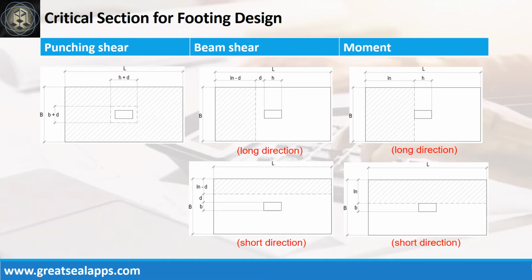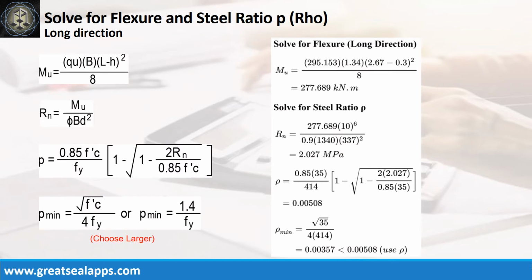Critical section diagrams for punching shear, beam shears, and moment evaluations. At long direction, given ultimate soil pressure equals 295.153 kPa, footing width equals 1.34 meters, footing length equals 2.67 meters, and column side equals 300 mm, the maximum moment is 277.689 kN·m.